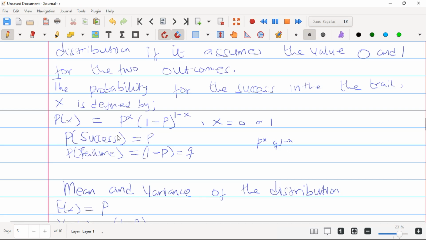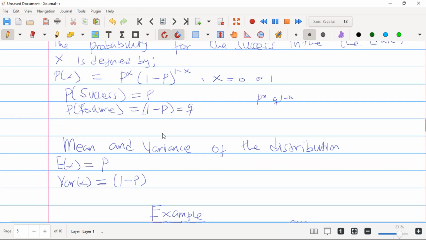So right now we know what our PMF is. When we are treating random variables, we are able to find the mean, the variance and the standard deviation. When it comes to these special probability distributions, we can also find our mean and variance. The expectation of the Bernoulli distribution is equal to p, right?